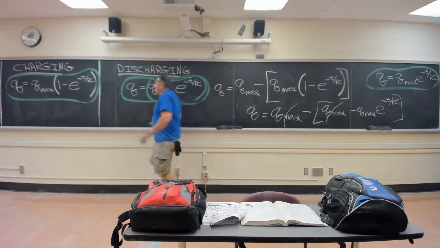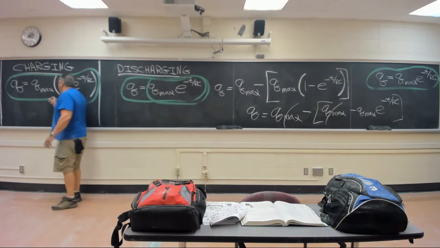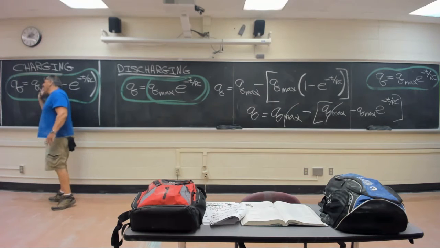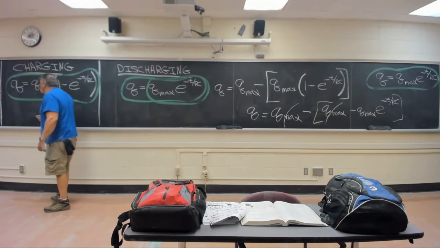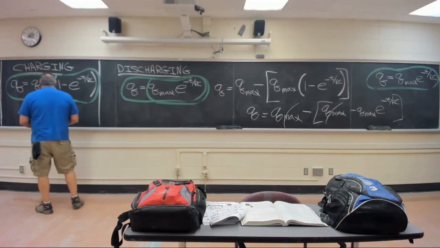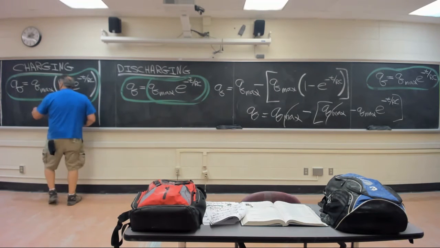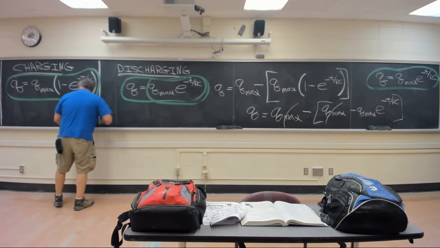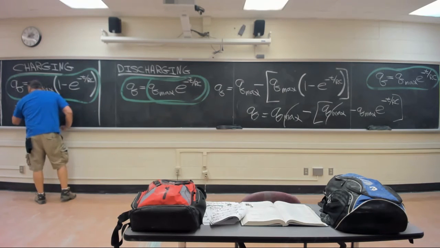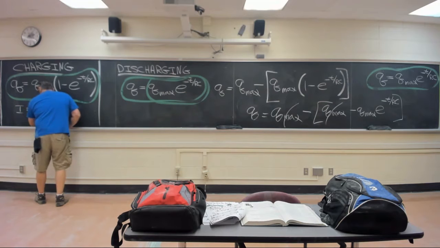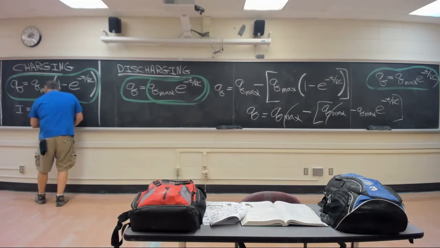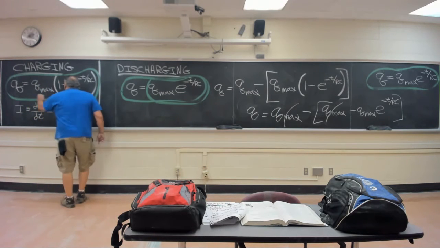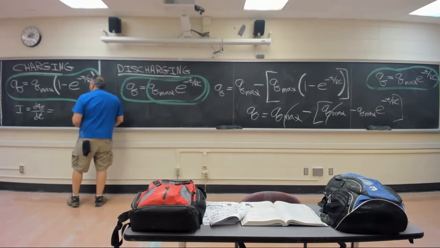Put better, this describes not the rate as much. The rate would be dq/dt. I mean, that's the big thing here. If you went for the charging, if you did I equals dq/dt, do all the mathematics here, what happens?